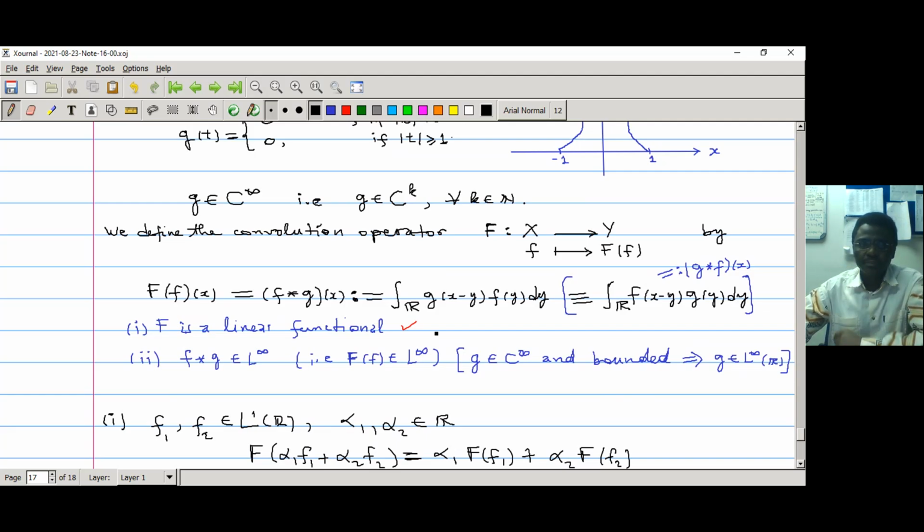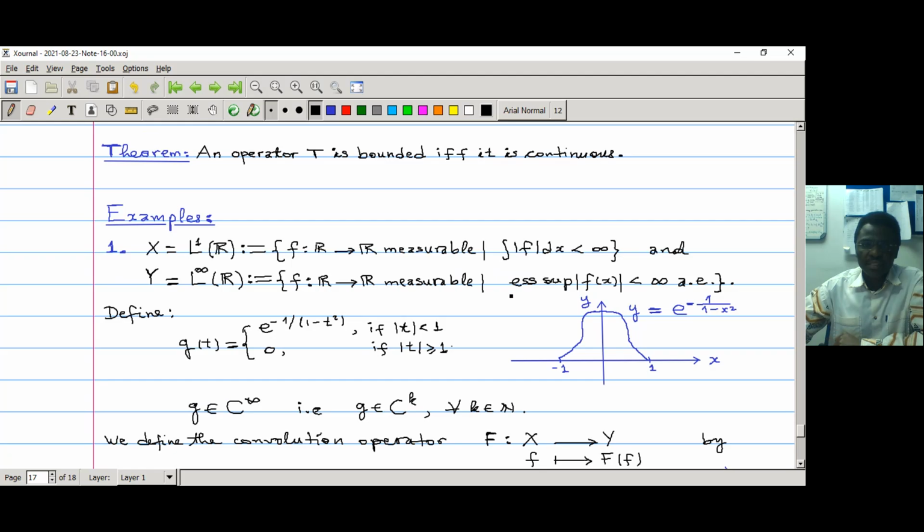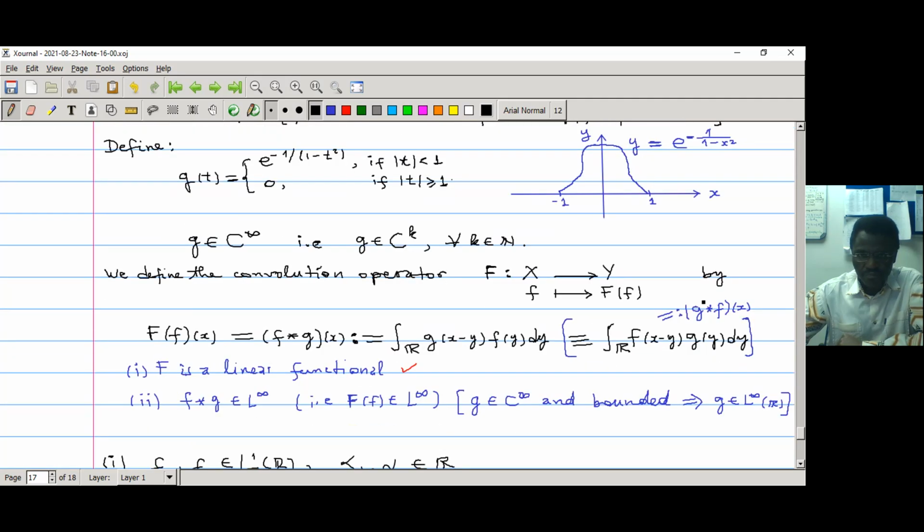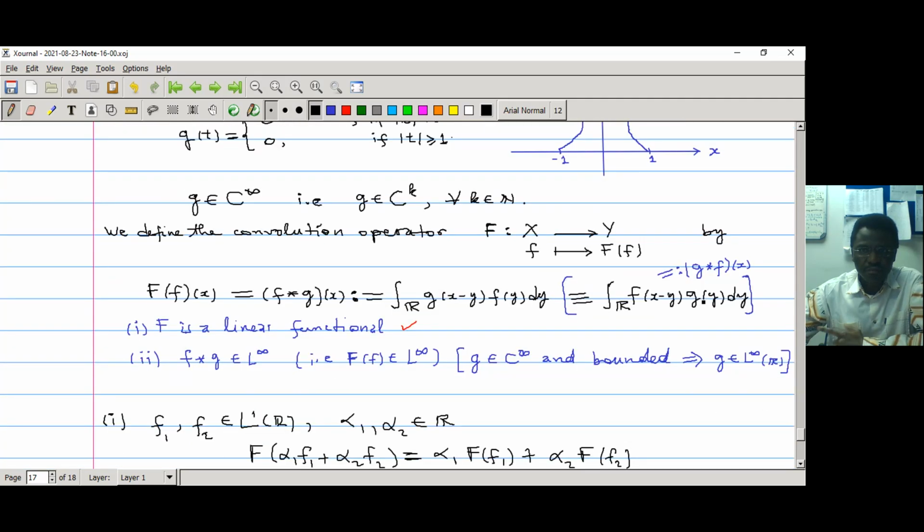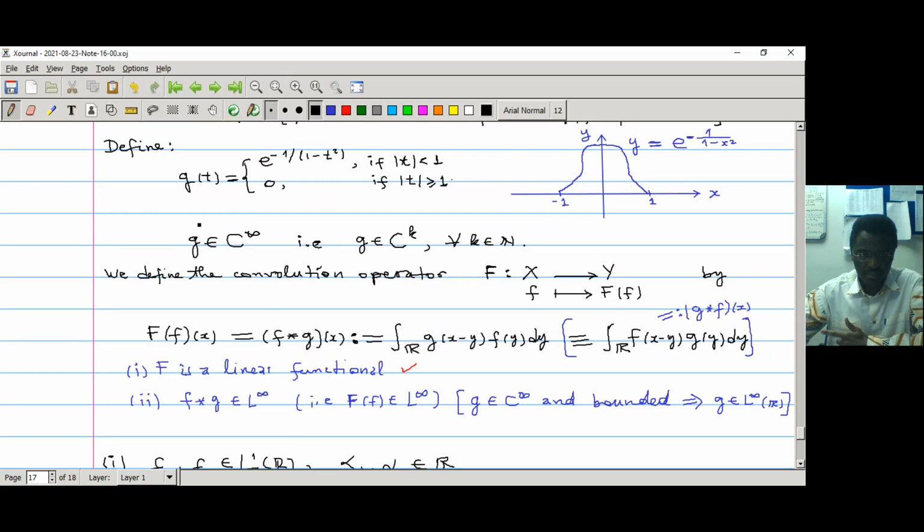In other words, its essential supremum is finite almost everywhere. If we can show that, first of all, this G, we say that G is C infinity here. You see, G is C infinity from here.